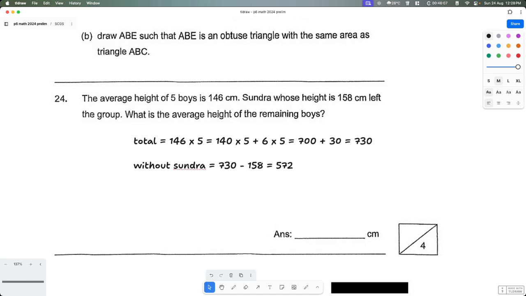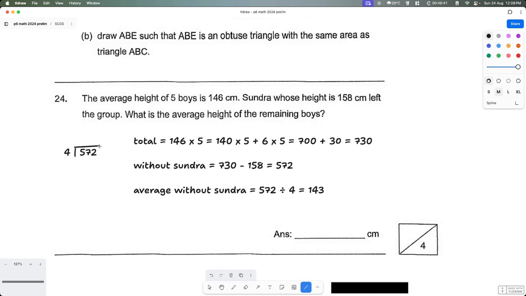Okay, so then the average without Sandra is equal to 572 divided by 4. So 17 should be 16, which is 4, then 12 should be 3. Okay, so 572 divided by 4.